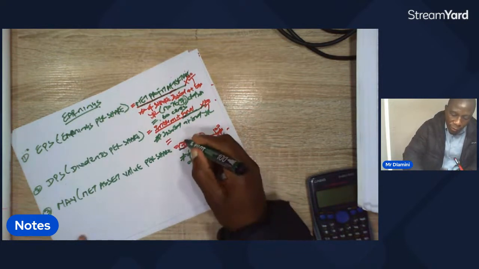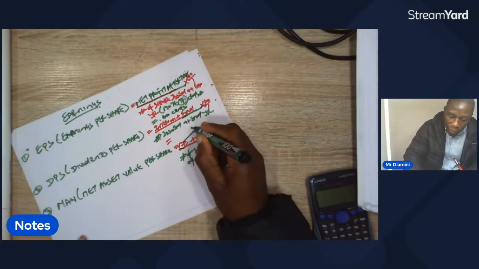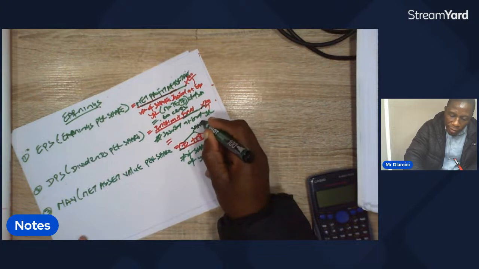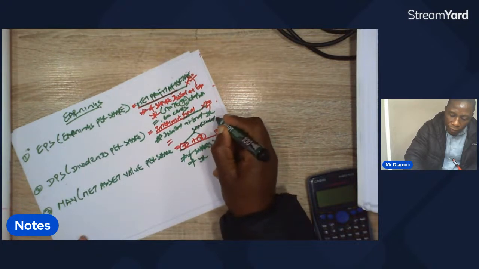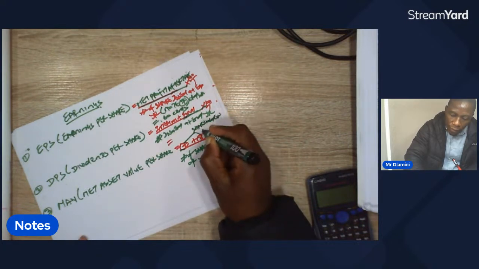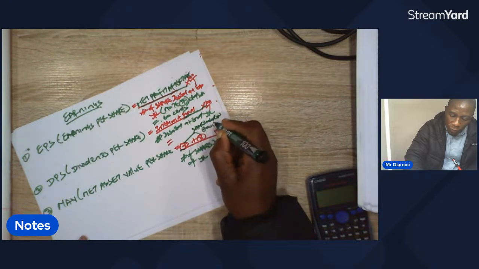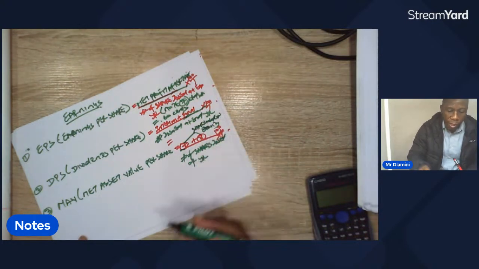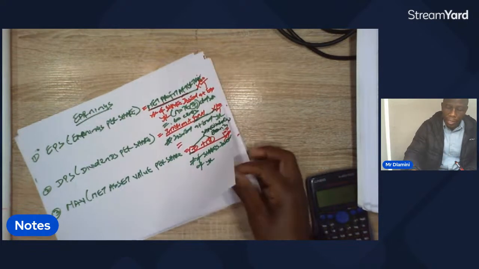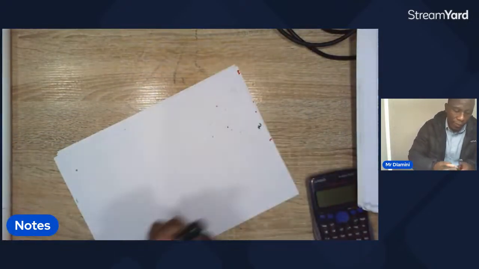Remember, what are note number 7 and 8? Shareholders' equity, right? So you can say here, shareholders' equity. Then the last ones, returns: ROE and ROIC, just returns, right?